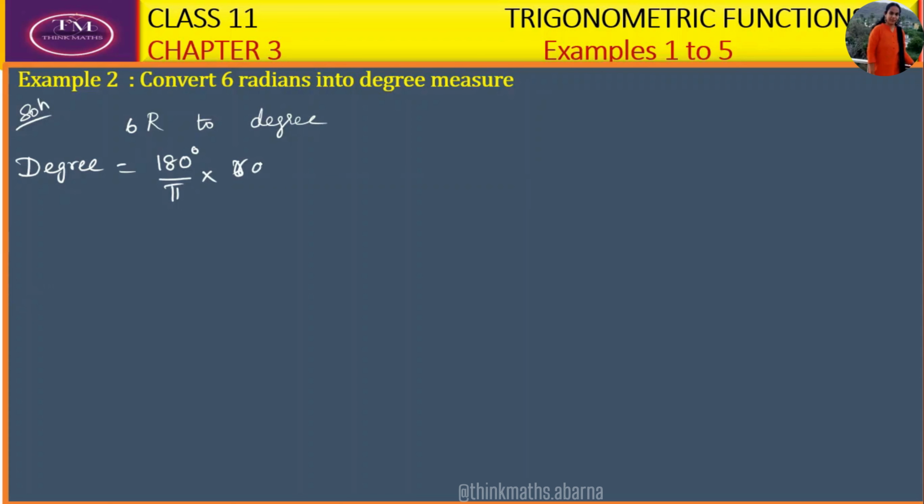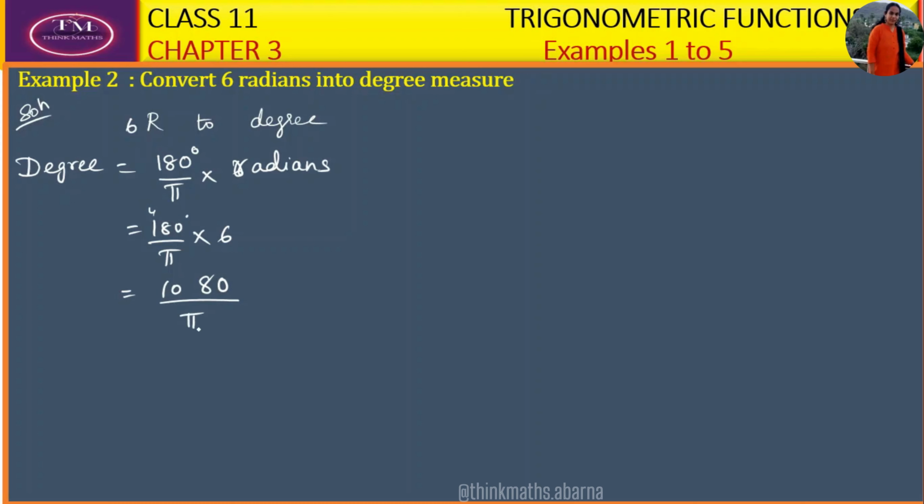So 180 degree by pi. What is radians? Radian is 6. So 180 into 6. I am going to multiply 180 into 6. 6 zeros are 0, 6 eights are 48, balance 4, 1 six is 6, 6 plus 4 is 10.